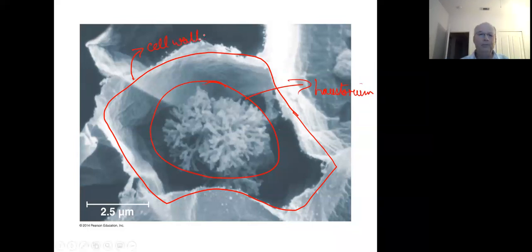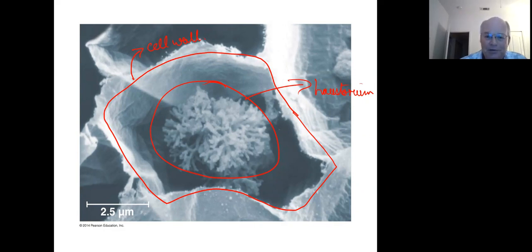So these fungi produce a very active enzyme called cellulase. They have a particularly good form of cellulase that can digest its way through cellulose, the plant cell wall, and allow the formation of this haustorium within the confines of the plant cell wall, but not within the plant cell proper.